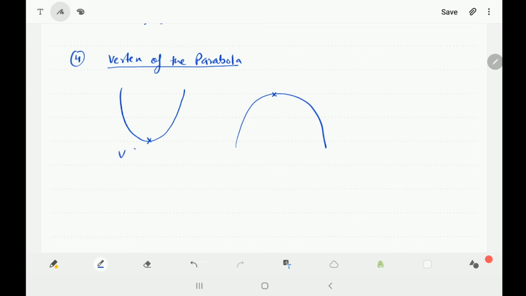So the vertex in this case is minus b by 2a, comma minus d by 4a. Similarly, in this case, the vertex will be minus b by 2a, comma minus d by 4a. Obviously, these values will be different because the equations of both the graphs will be different. Now, how did we conclude that the vertex will be minus b by 2a, comma minus d by 4a? This we will prove right now.